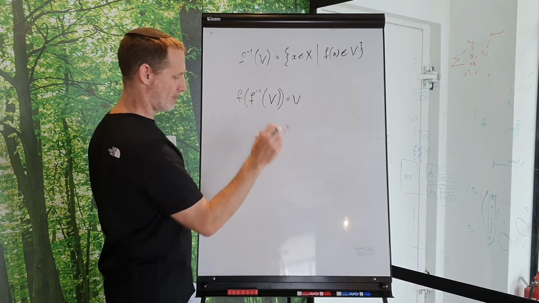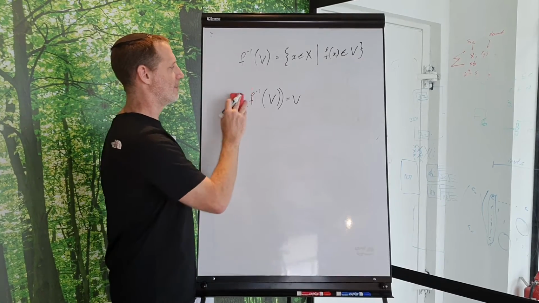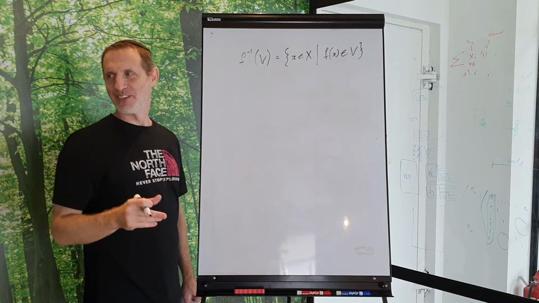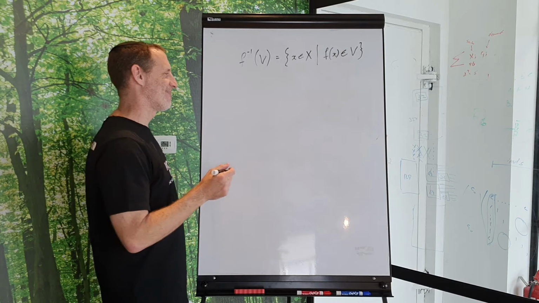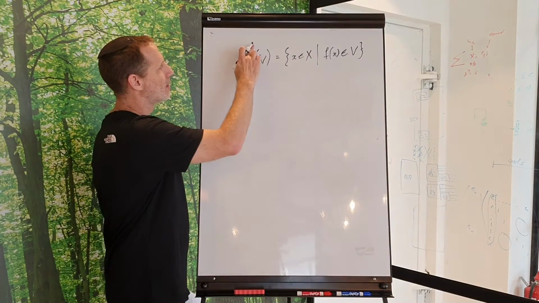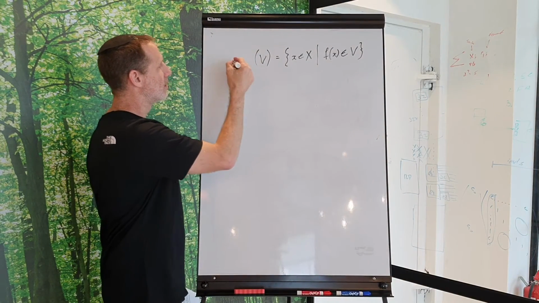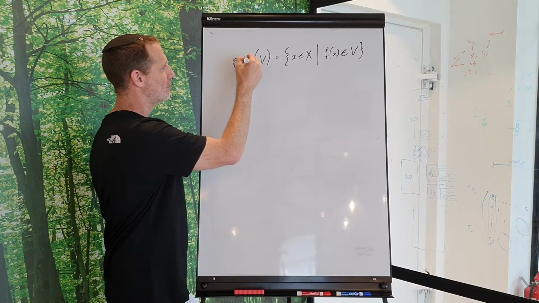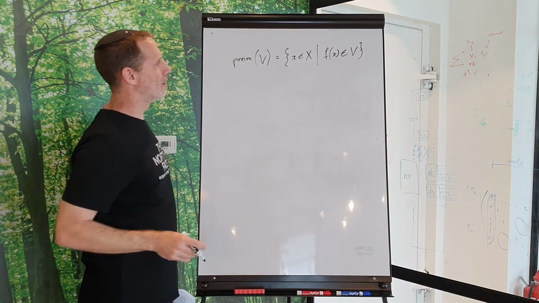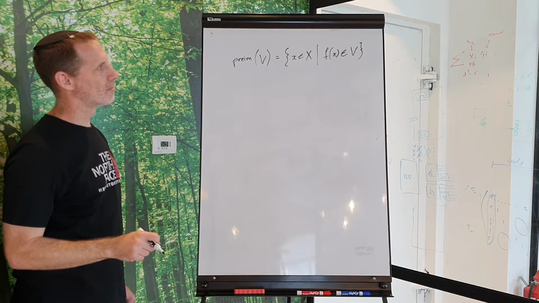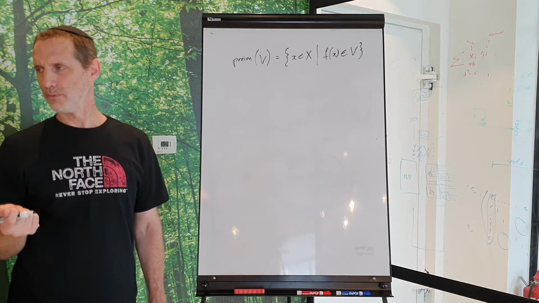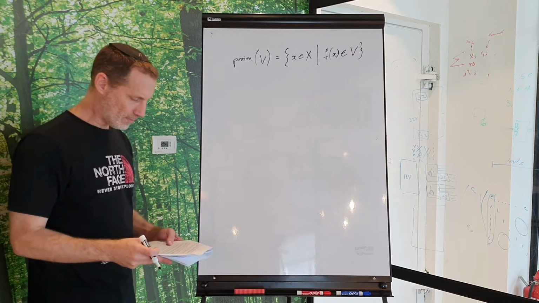No, that doesn't work. When you take the image, it's just a confusing notation. You're right. We can just call it pre-image or something like that instead, because a lot of times f minus one is also used for the inverse.